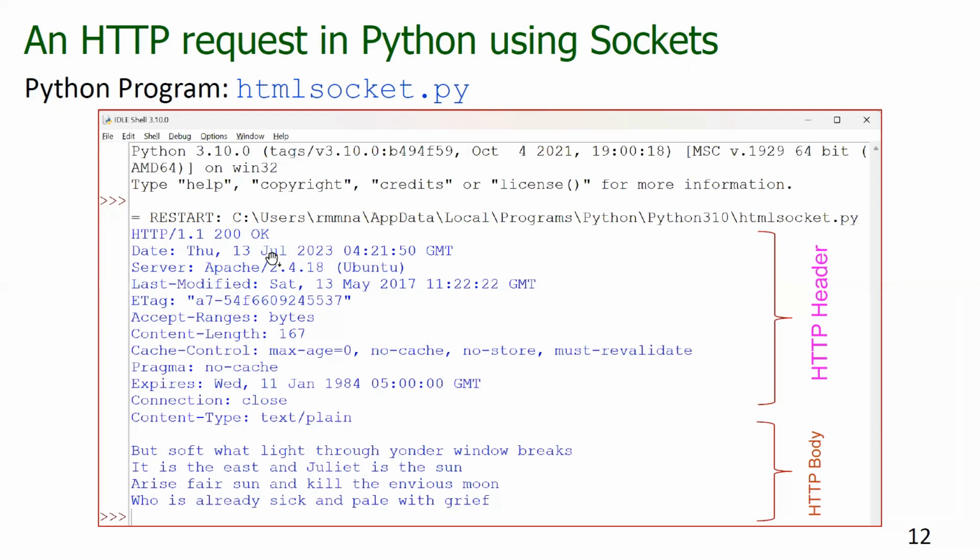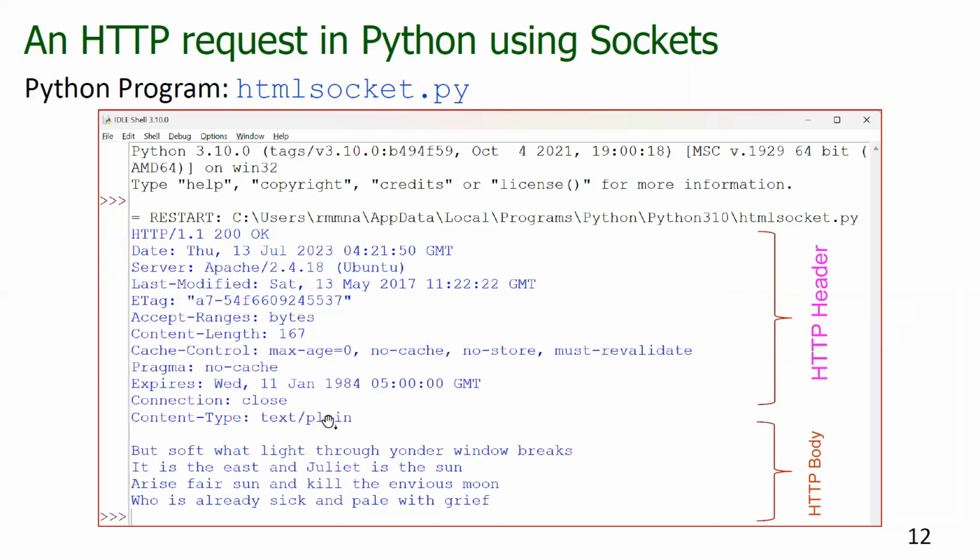Then server, what is the server, then last modified, then ETag, then accept ranges, then content length, then cache control, then pragma, then expires, then connection, then content type. This complete part, from HTTP to content type, is the HTTP header information.